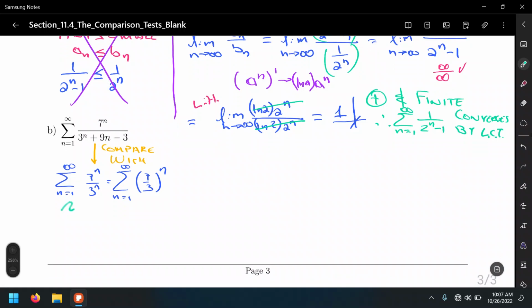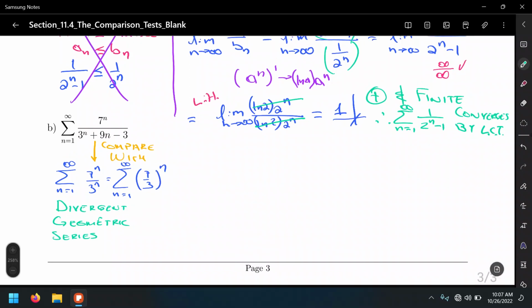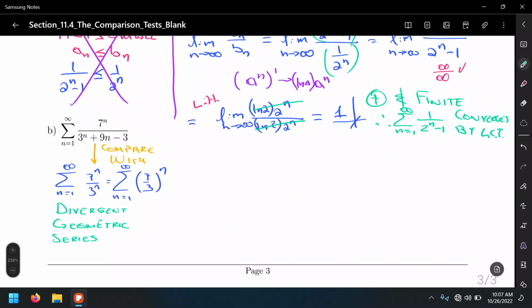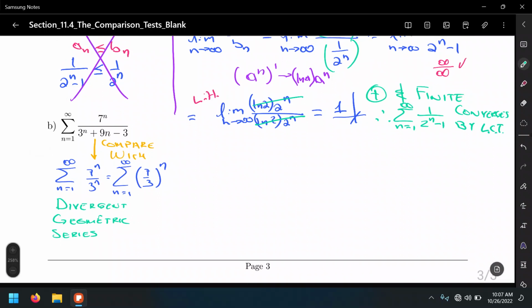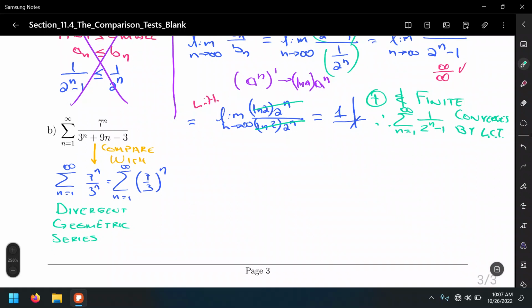So in this case, we have a divergent geometric series. It's divergent because if you observe the value of r, the absolute value of 7/3 is greater than or equal to 1. That's why it's divergent. So this is what we have to do in this case.